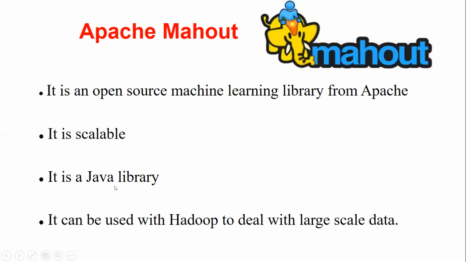It is implemented as a Java library, because Hadoop is also open source and implemented in Java. This makes some restriction, because some algorithms may need to be implemented in several languages, but Apache Mahout only supports Java programming.